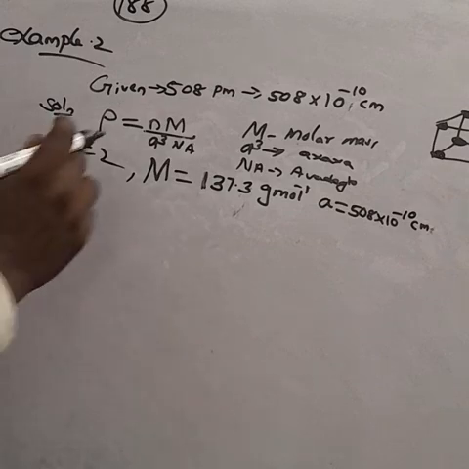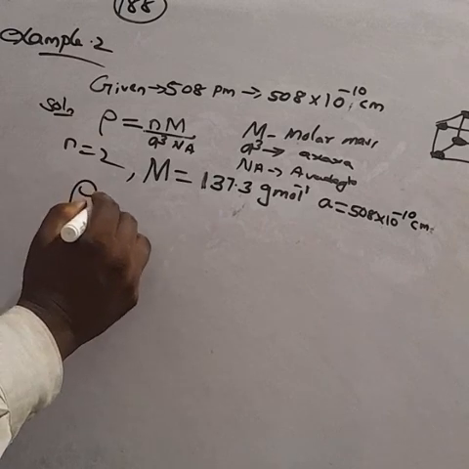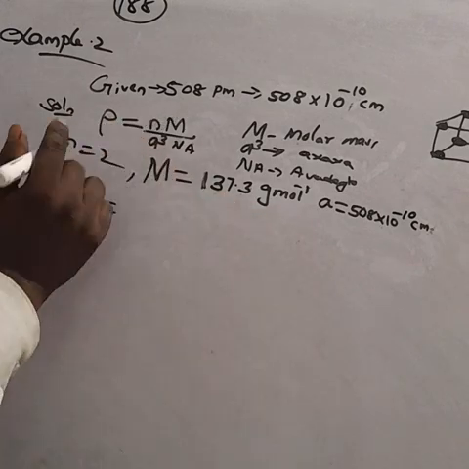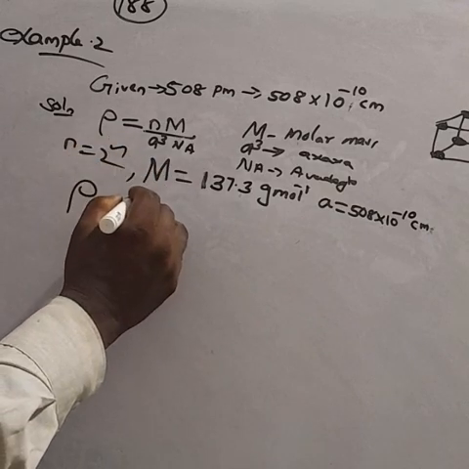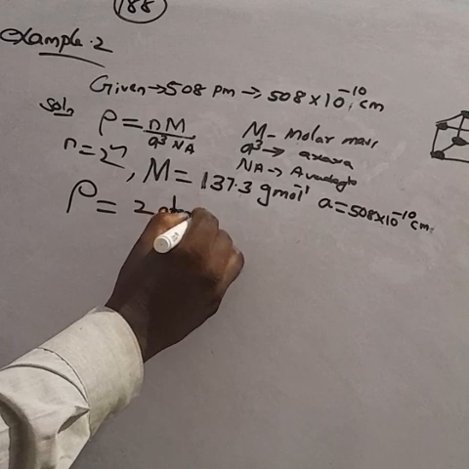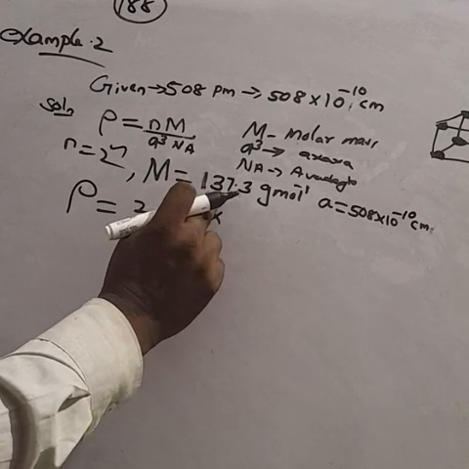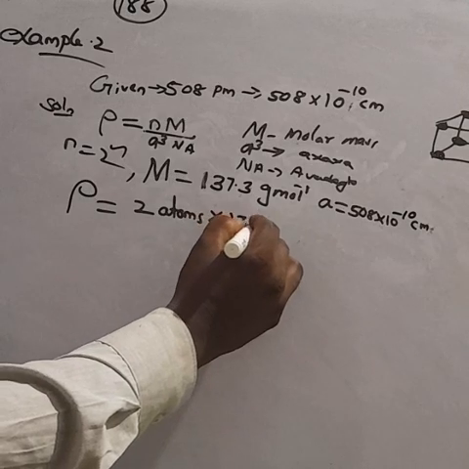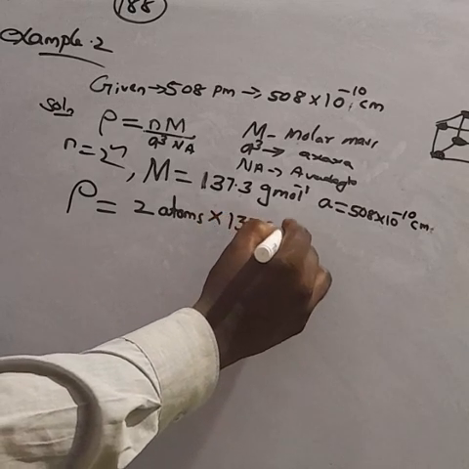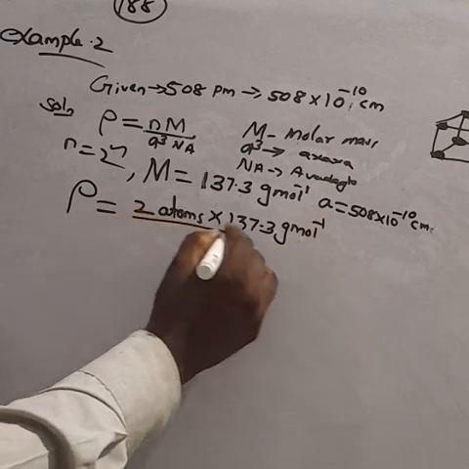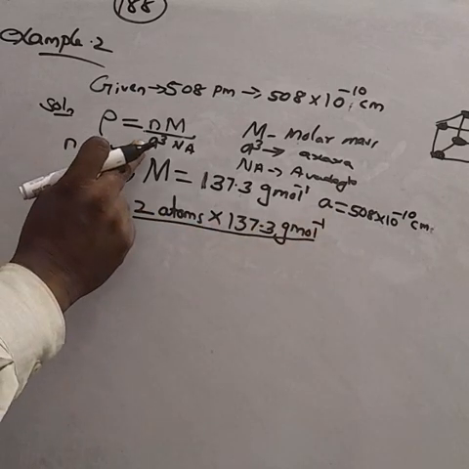Rho is equal to, since it is body centered, it means 2 atoms. Am I right? 2 atoms. Rho is equal to 2 atoms into capital M, given as 137.3 gram mole inverse, divided by what is the A value?